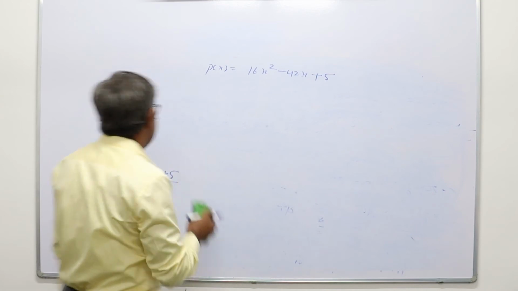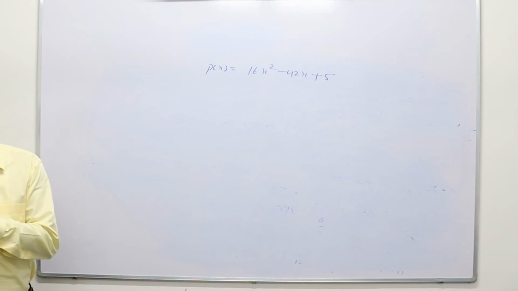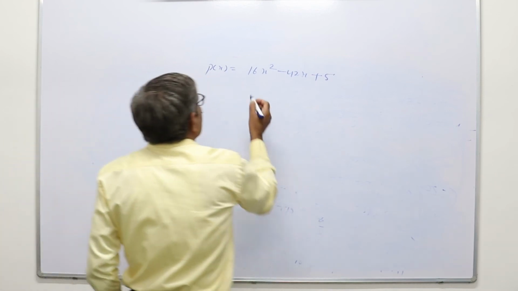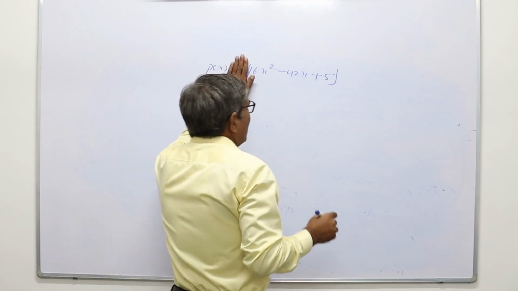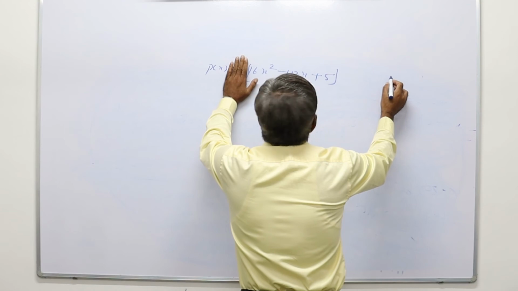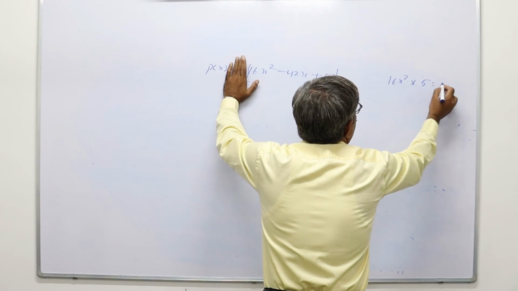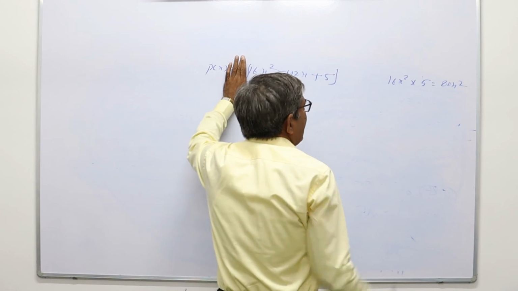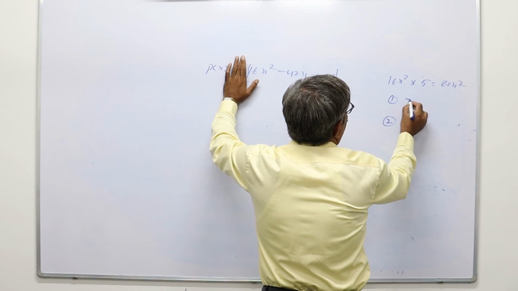Now how will we find the zeros of this quadratic polynomial? First of all, we will resolve it into prime factors. Multiply the outermost terms, that is 16x square into 5, that is 80x square.